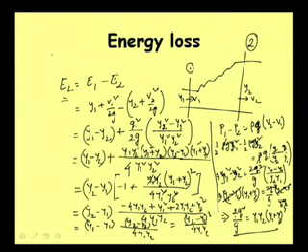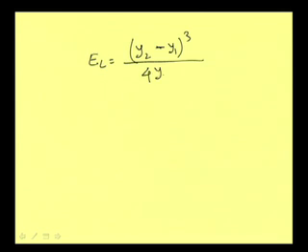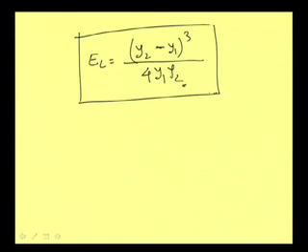Let me write it down here: energy loss EL is equal to Y2 minus Y1 whole cube divided by 4 Y1 Y2, where Y1 is the depth before the jump and Y2 is the depth after the jump, or these are the sequent depths of the hydraulic jump. So this is one of the important expressions for finding energy loss.